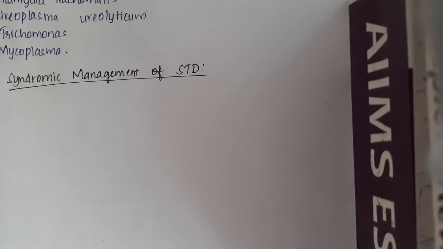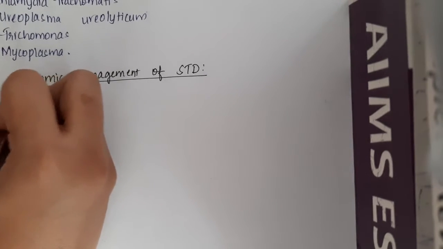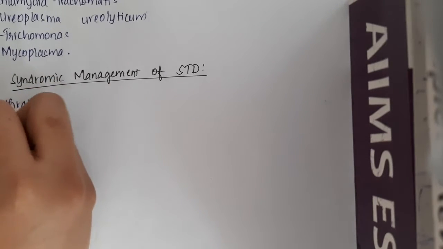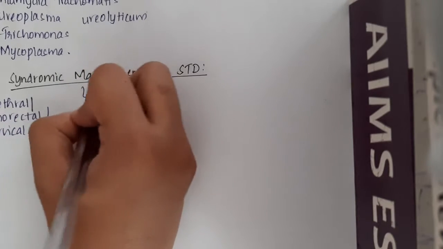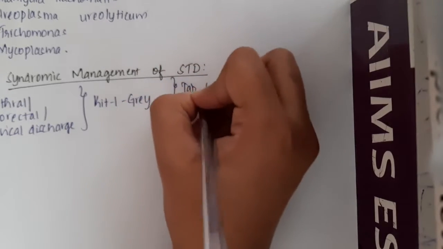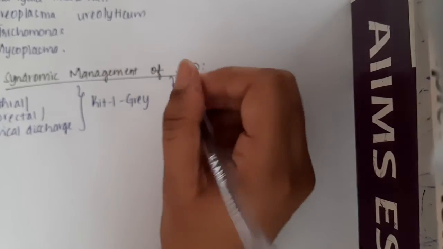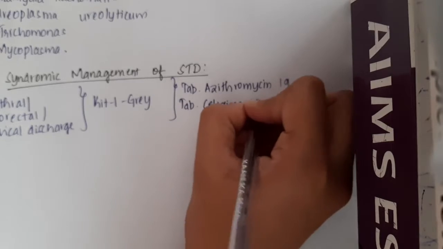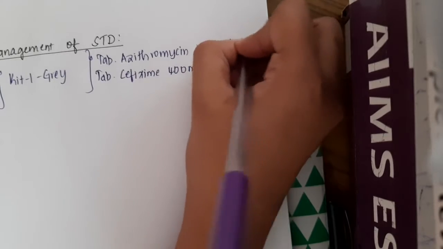So we have kit 1, which is grey. If the patient comes with urethral, anorectal or cervical discharge, then you should use kit 1, where we give tablet azithromycin 1 gram, 1 tablet, and tablet cefixime 400 milligrams, 1 tablet.